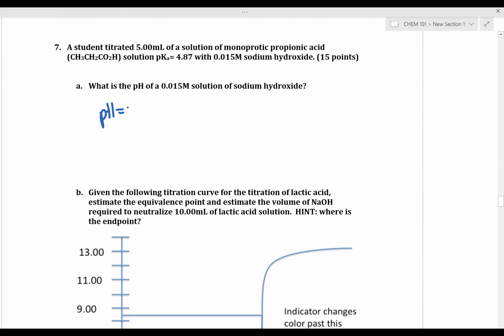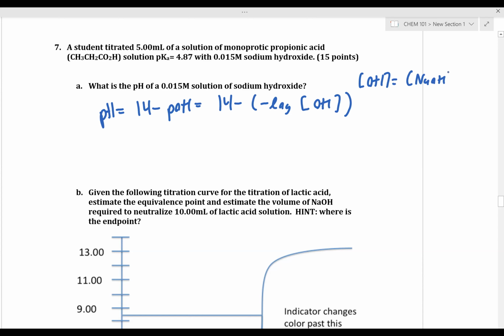So pH is equal to 14 minus pOH, which is equal to 14 minus negative log of the concentration of OH. For a strong base, the concentration of OH is equal to the concentration of NaOH.